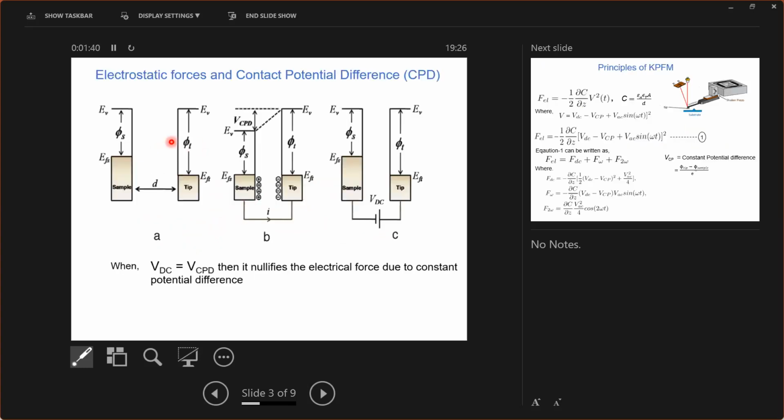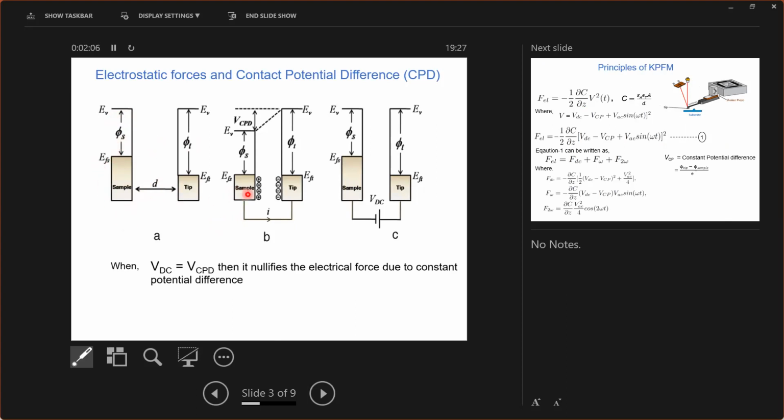Generally, when the sample and tip are far apart, there is no connection. We know the work function is the difference between the energy of the Fermi level and the vacuum level, and the one that has the lower work function, from there the electron can travel to the other end.